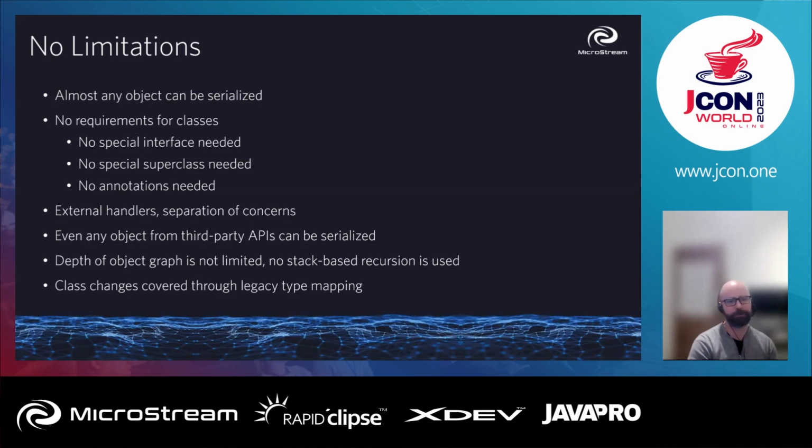And the class changes are covered through the legacy type mapping, which I talked about before, where an unlimited amount of versions can be handled because the engine registers a kind of type lineage with the different steps from version 1 to 2 to 3 to n. And so you're not limited in the class changes as well. That was a point we wanted to cover in order to get the storage engine done properly. Yeah.